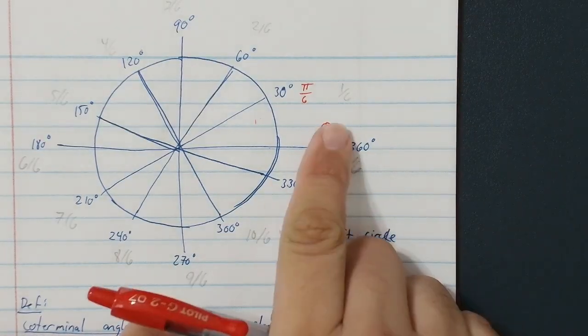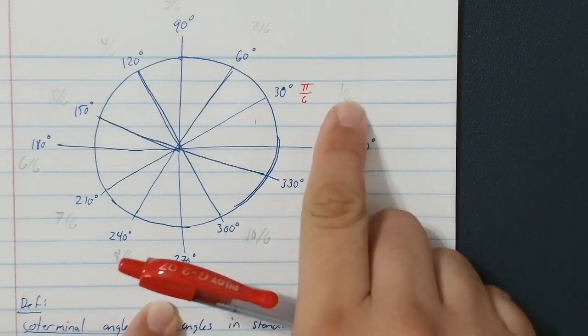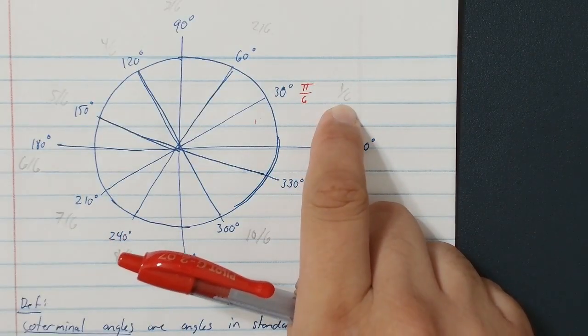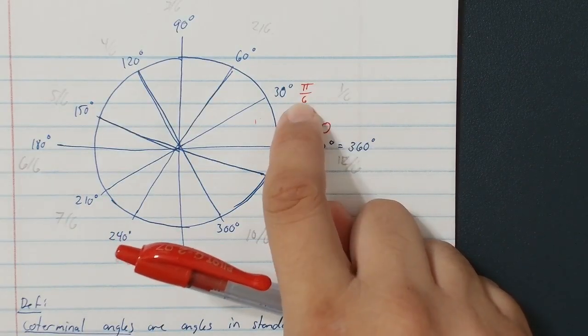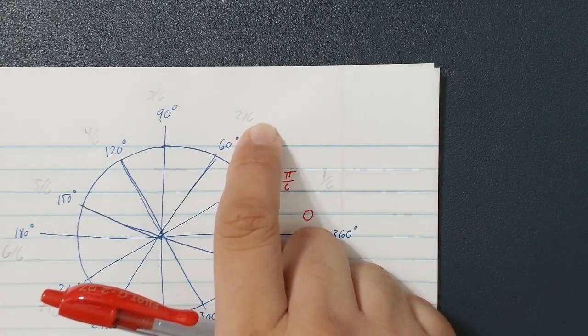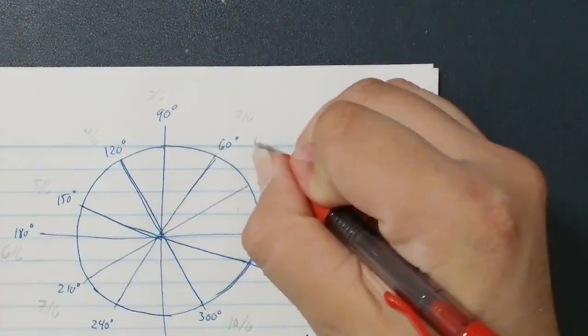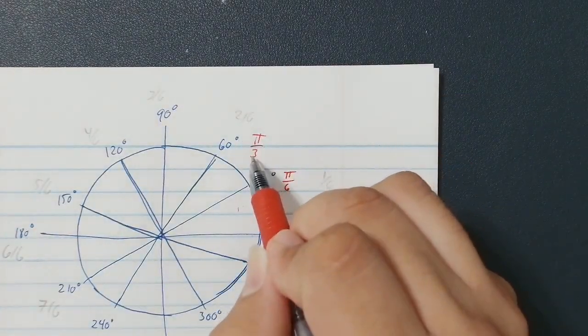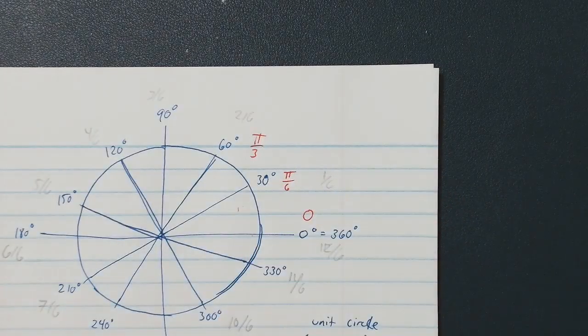Now take those fractions, reduce them, times pi. So 1 over 6 is already in lowest terms, so it's going to be 1 pi over 6, right there. 2 over 6 reduces to 1 over 3, so that's 1 pi over 3.